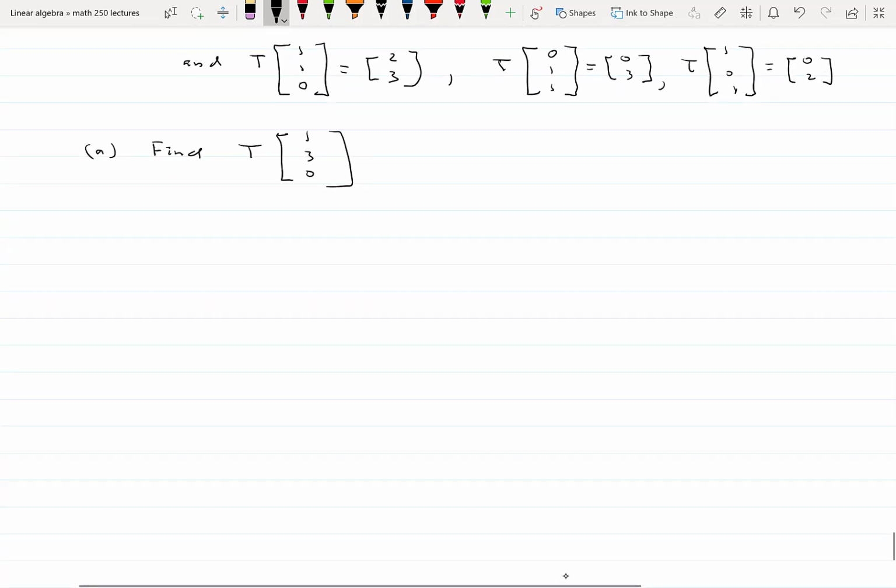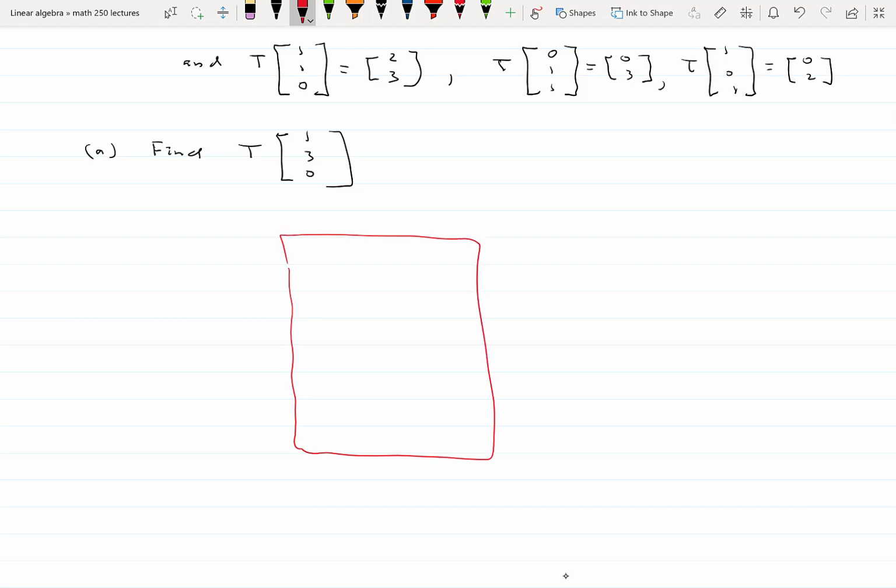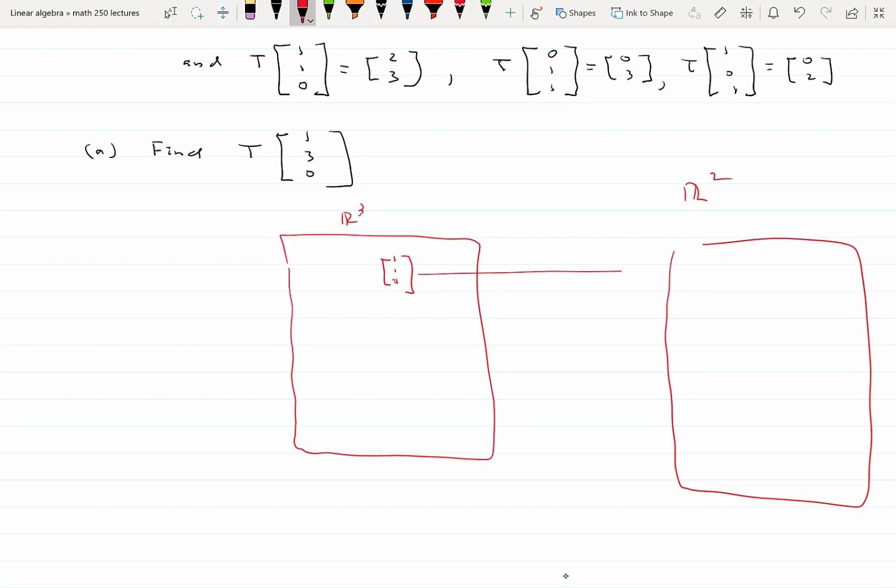I really want to make sure that you're okay with this. So here's R3, and here's R2, two nice vector spaces. The linear transformation takes the vector (1, 1, 0) and turns it into (2, 3).